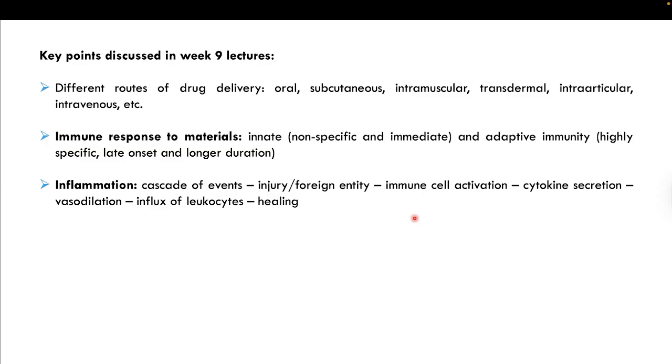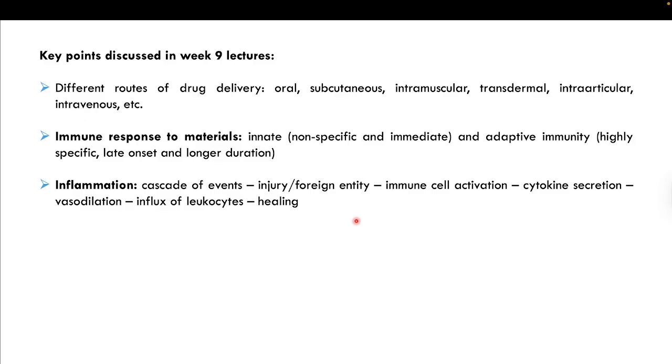We'll also discuss this in detail in the upcoming questions. Vasodilation is nothing but the blood vessels start dilating a little, so that more and more immune cells can come to that area. There's an influx of leukocytes, meaning the immune cells start coming to this area because of the cytokine signaling given by the immune cells that get activated because of the injury, and eventually it leads to healing.